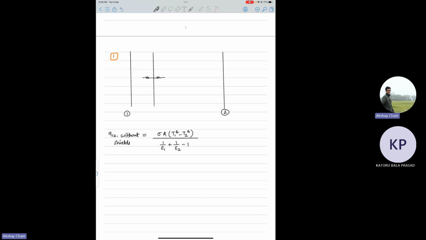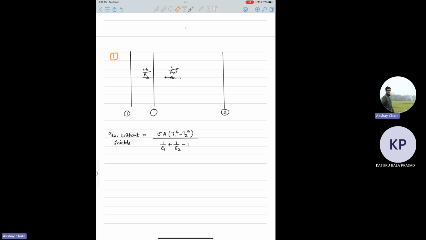If this is your shield A, you'll have (1 minus epsilon A) by (A into epsilon A) on each side. So when you add a shield, two surface resistances are added, and one more space resistance, which will be 1 by A of shield A between A and 2. Maybe I should not have used the symbol A here, because that is confusing with the area.